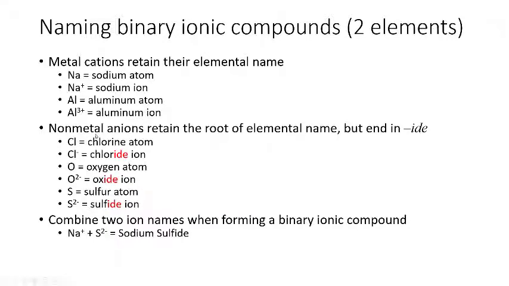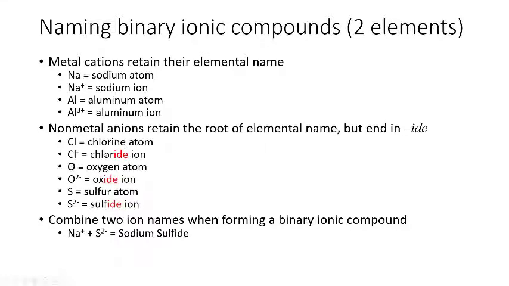So the nonmetals then have a slight change in their name. They retain the root of the elemental name, but they end with -ide. So when you go from chlorine atom to add an electron to turn it into an ion, it keeps the root, the chlor-, but instead of -ine, it ends with -ide.